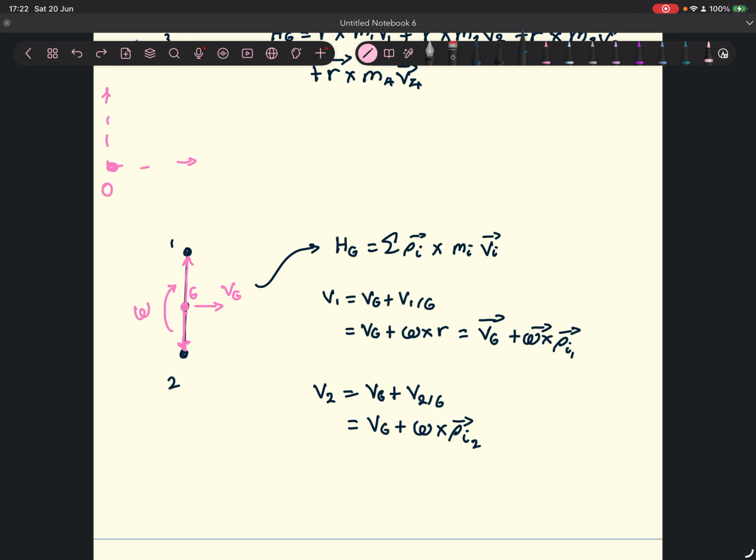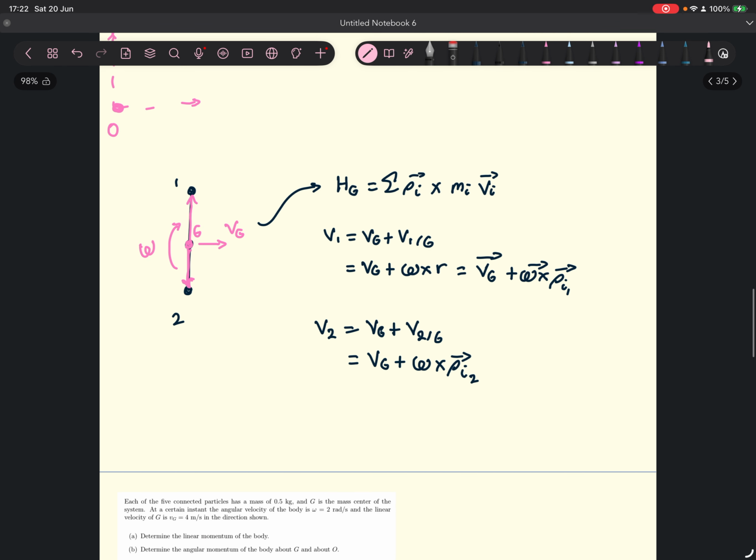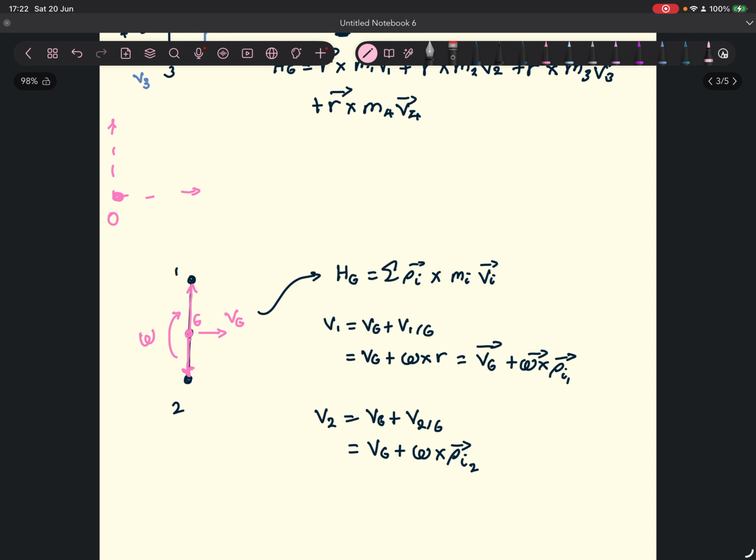So the velocity at point 1 is not just going to be omega times r. To this omega times r, we need to add to it whatever Vg is, right? So yeah, hopefully you can see that. And that's why the absolute velocity becomes this entire equation, right? And not just Vg. Okay, then we can substitute everything back into this equation and we can solve for Hg.